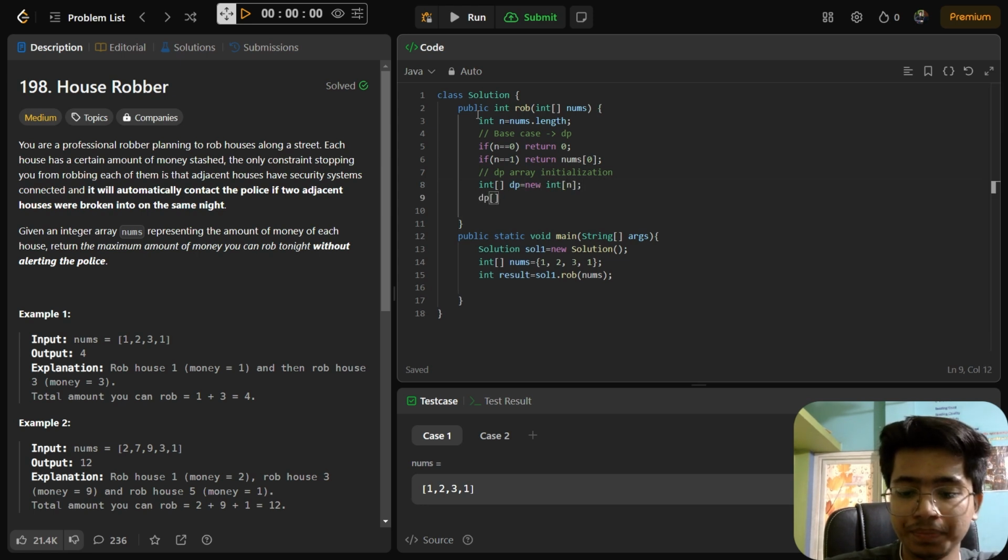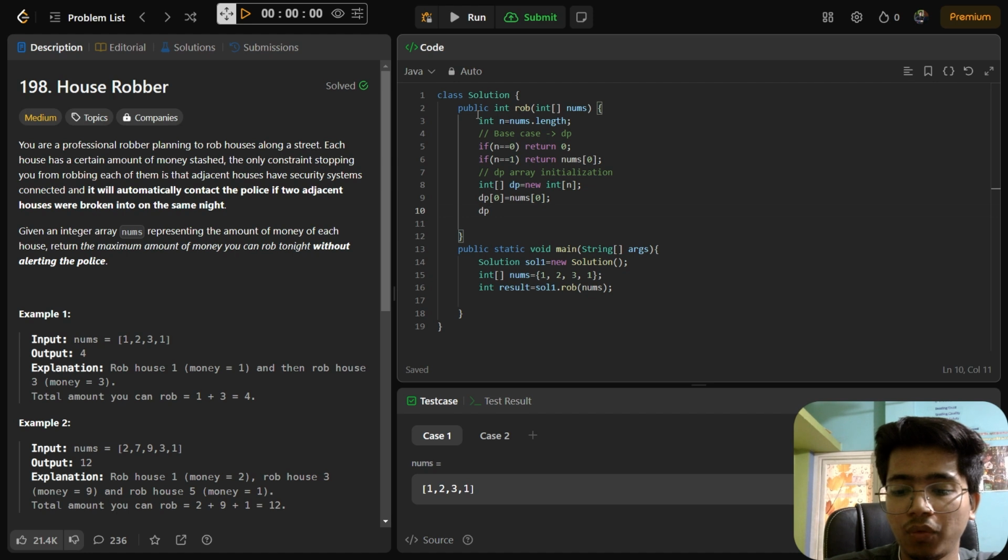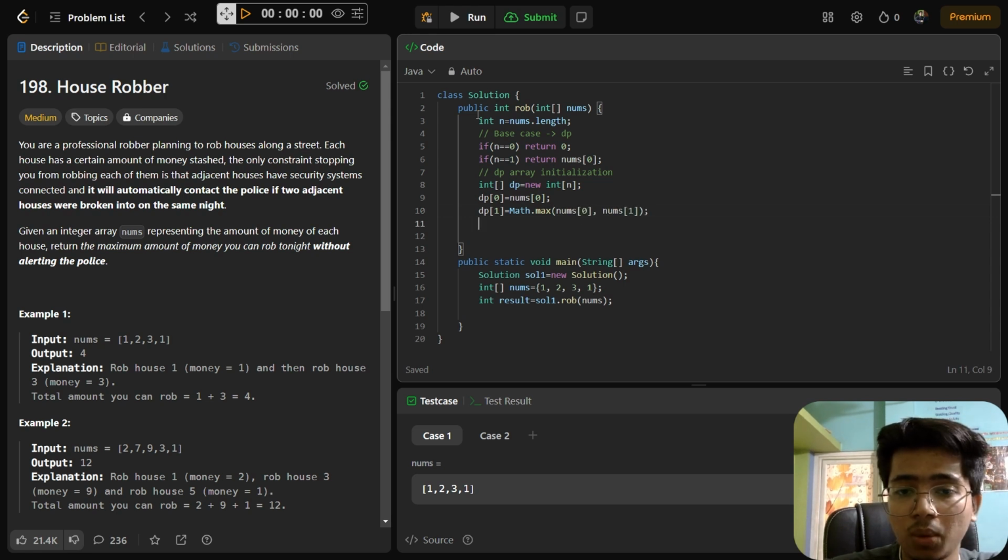Now dp of 0 is nums of 0, because this is the stealing amount of the first house, and dp of 1 will be the stealing amount of the second house. In the second house we can steal in two ways, either the first one or the second one. So in this case we'll select the maximum one: math.max nums of 0 comma nums of 1. So this is the way.